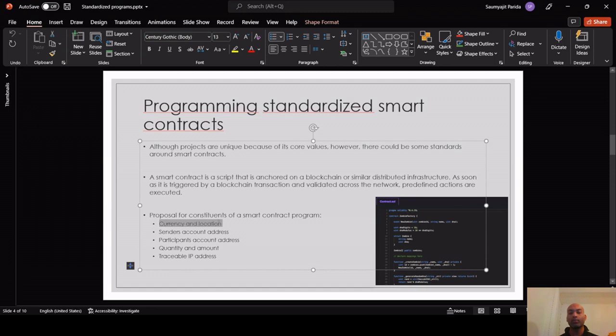First, for example, the currency and the location information should be there in the program. The sender's account address should be there. The participant's account address should be there because it helps in terms of legal matters as well as traceability, quantity and amount, and the traceable IP address.